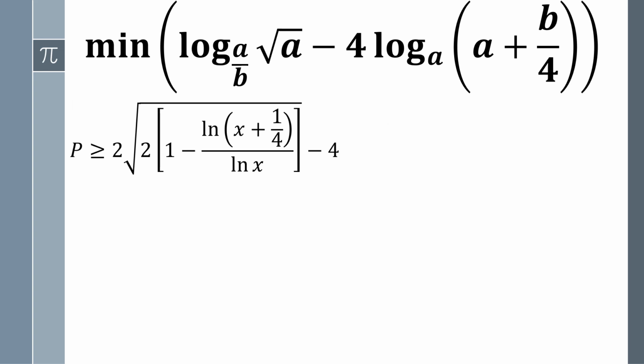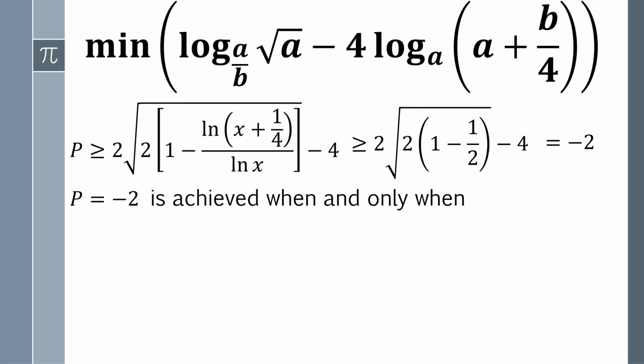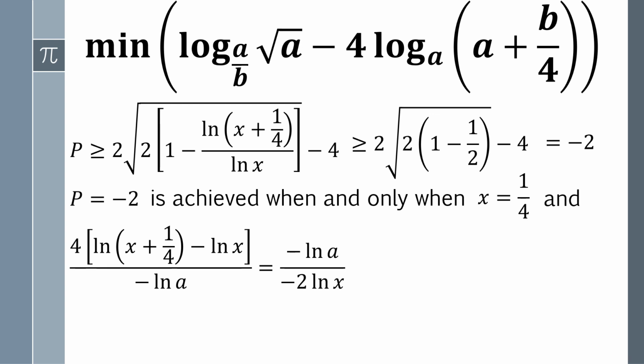We plug 1 over 2 into this inequality and get p is no less than minus 2. And the equal sign holds when and only when two conditions are met. First, x equals 1 over 4. And second, the two fractions equal each other.